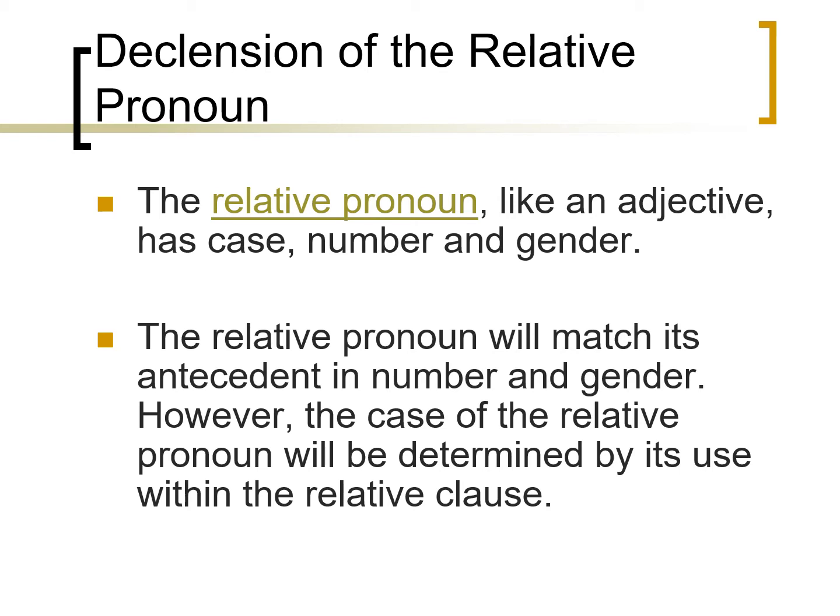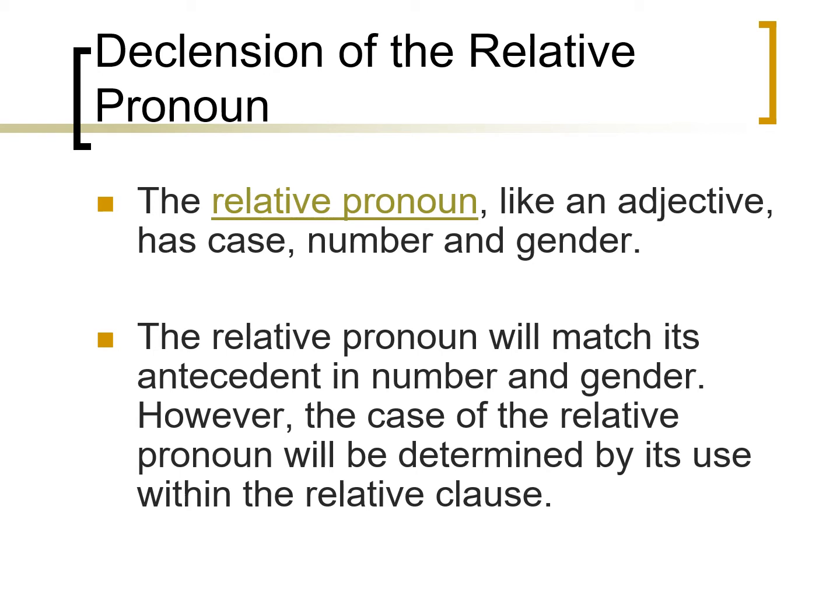Well, the pronouns in general, and the relative pronouns specifically, also, because it replaces a noun, has to have case, quantity, and gender. Okay, so there are all the forms. There's a masculine form, a feminine form, a neuter form, and then a form for all the cases, singular and plural.